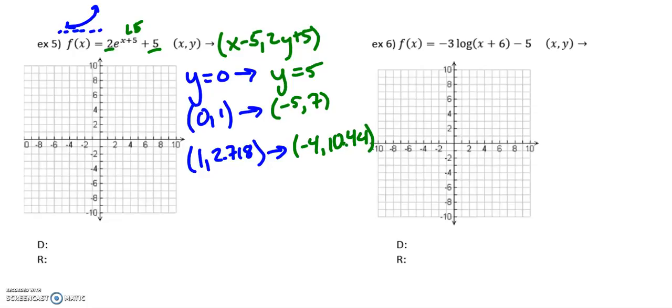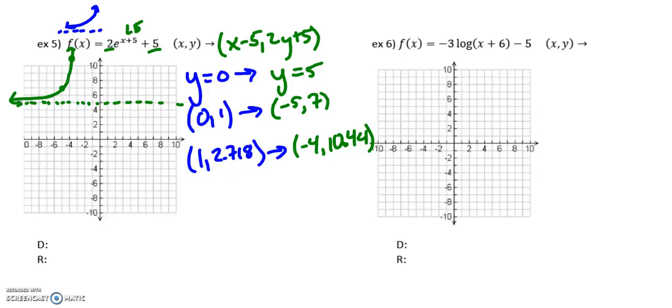We're just estimating on that. So I come up to negative 5 and put my asymptote the whole way across. Go to my (-5, 7) and put my point, and then (-4, 10-ish) is a little off my graph, which is fine. And I know that my shape should come up and just go right through.